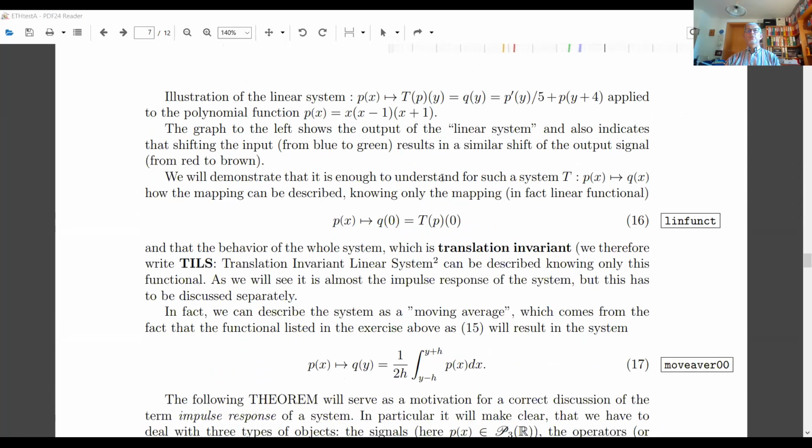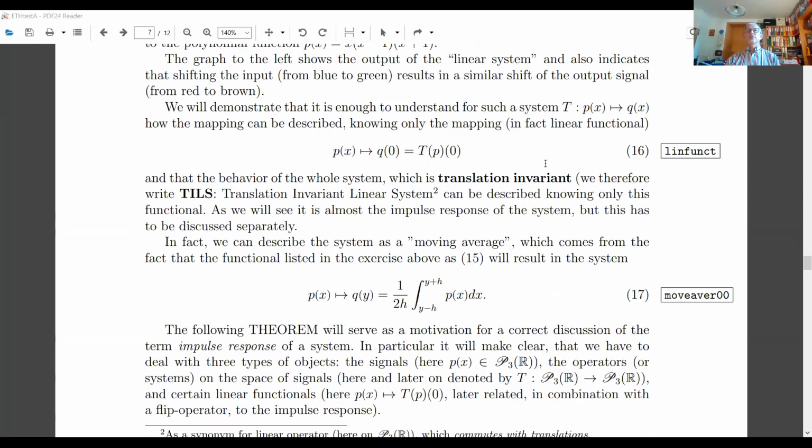Now, what we will demonstrate both by examples and by abstract consideration is that in such a situation, if you have a mapping like this one, it's enough to know the output, not as a whole, but at the origin. I have used the convention of saying P is the input, Q is the output: P of X is the input, Q of Y is the output.